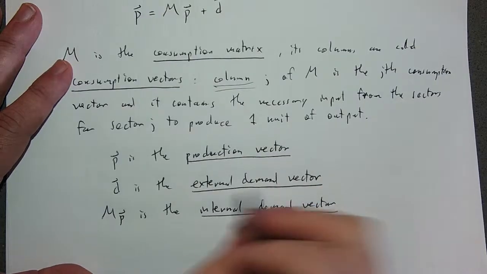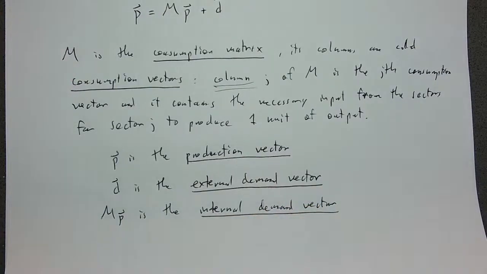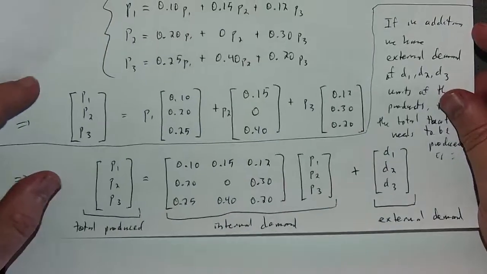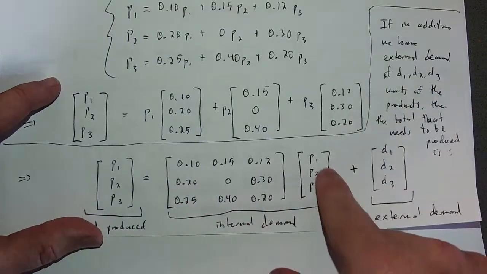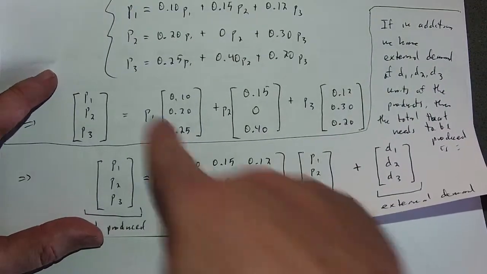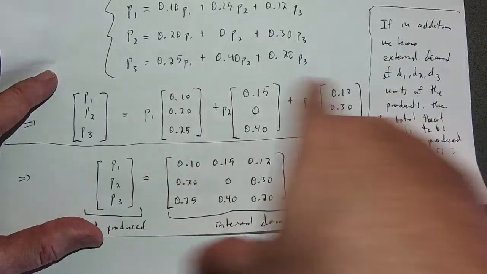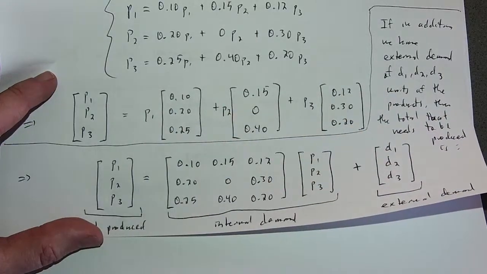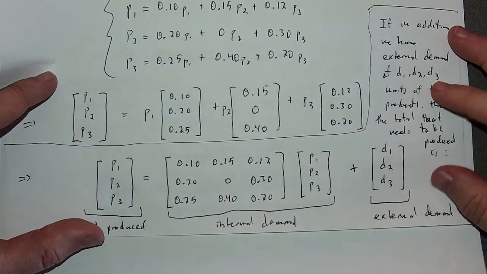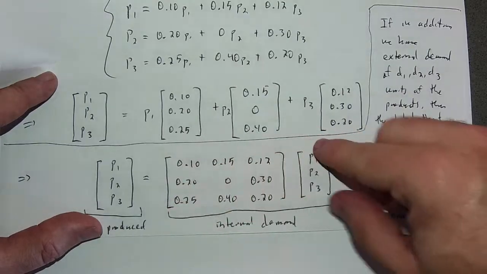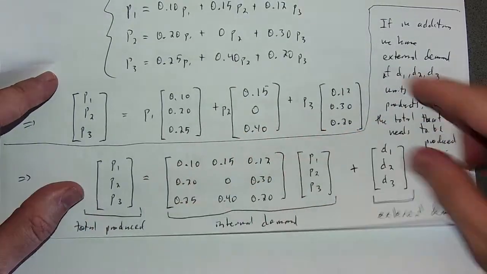Well, we know that, right? Let's go back to our, where did I put it? Here it is. Right. This is the internal demand. Up here, it's all of this. Because in the absence of external demand, this is just telling you all you need in order to produce what it is you want to produce, right?